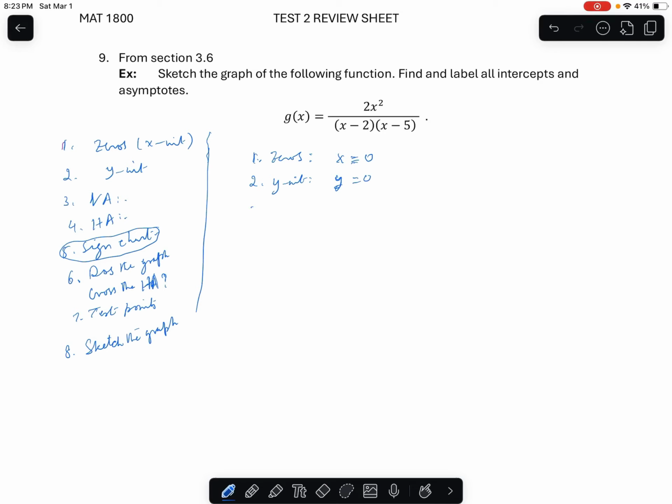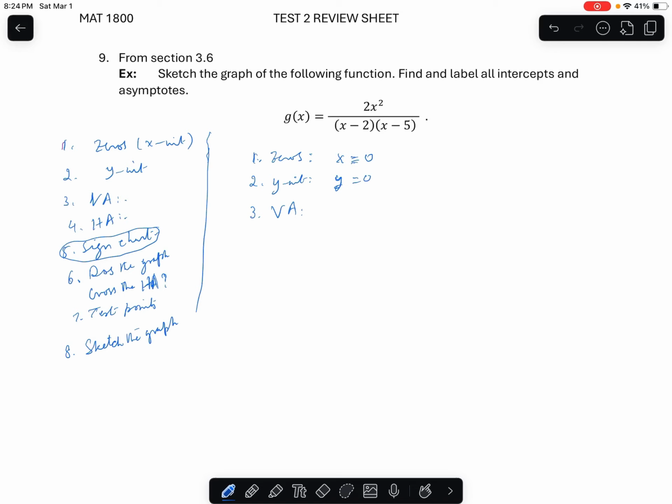Next thing is VA. In order to find the VA, remember those are the values which make the denominator 0. Those values will give you the VA, the vertical asymptotes. But you have to make sure that there is no common factor in the numerator and the denominator.